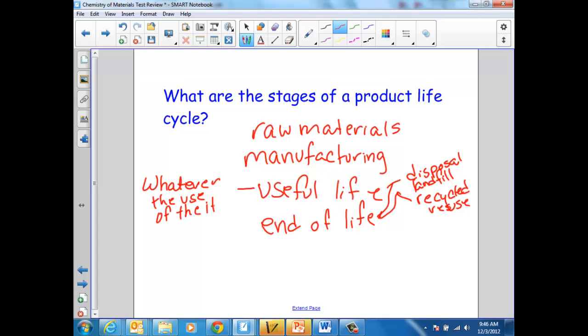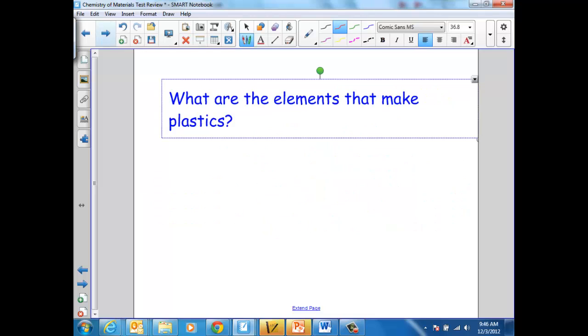So if it was a computer, you use it as a computer. If it was a bottle, you store soda in it, whatever it was. Manufacturing, of course, is when we make the product, and the raw materials come before, because we actually have to get the materials to make them.